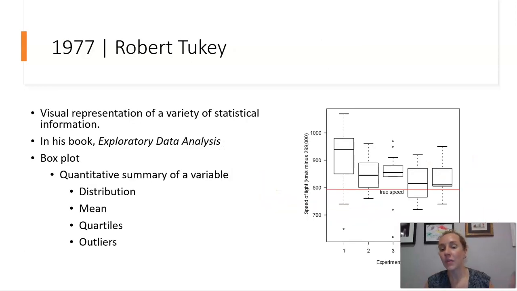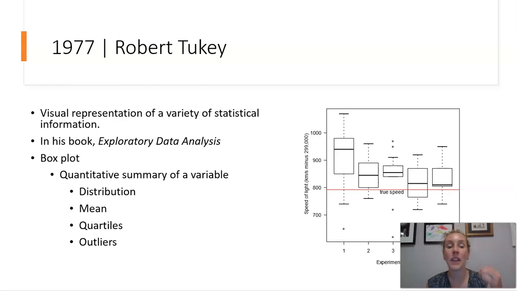Okay. Fast forward about 100 years to 1977, the last real moment of visualization invention until we get to computers. And we have John Tukey. Tukey is super important in statistics. He also gave us the box plot, right? This is a visual representation of a ton of statistical information.